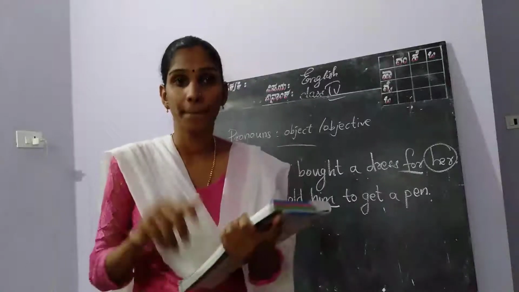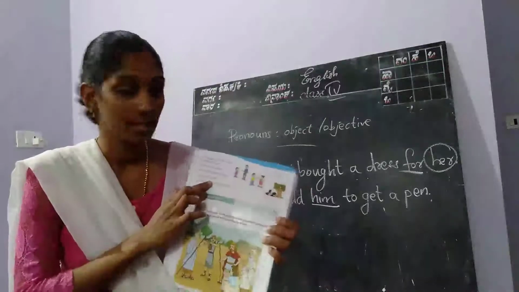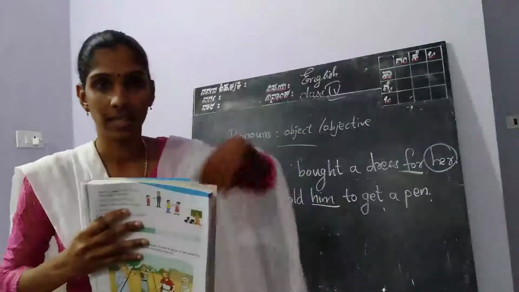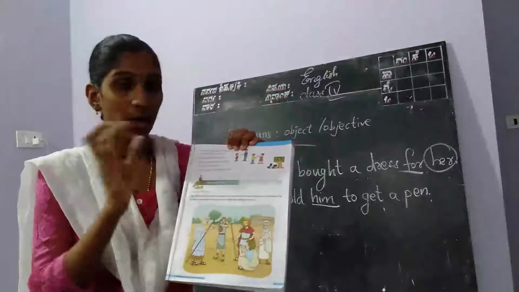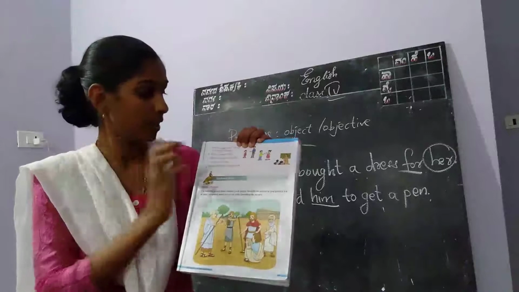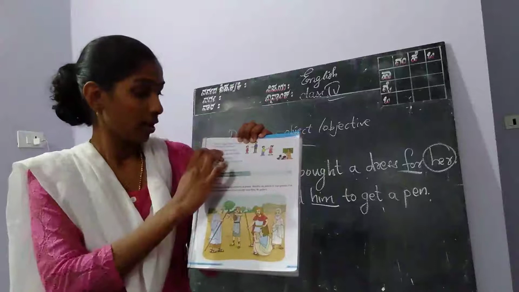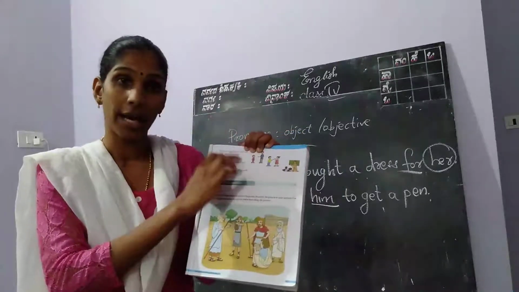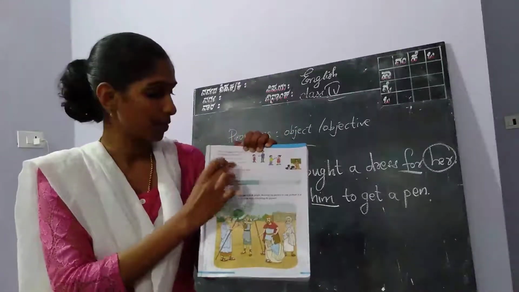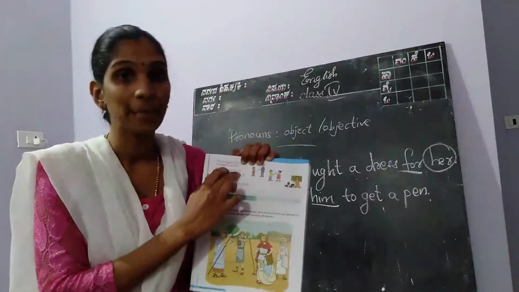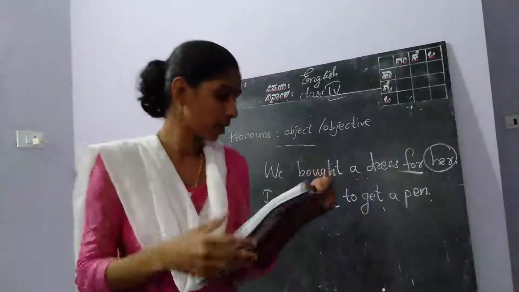Here him is an objective pronoun and him is written after with. With is a preposition or connective word. Here with is connecting talking to another word, him. After a preposition him is written.